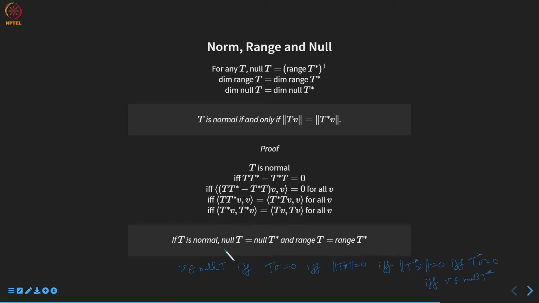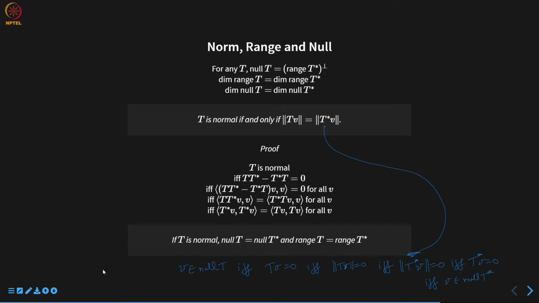Okay. So this T being normal, this relationship is used here, and you can see why this has to be true. So the proof is quite easy. Once you have norm TV equals norm T star V, then the null is the same, range is the same. So you can see that the norm, range and null for the normal operator are slightly more strict than for a general operator. For a general operator, clearly the norm need not be equal, the null spaces need not be equal, range spaces need not be equal, only the dimensions have to be equal.